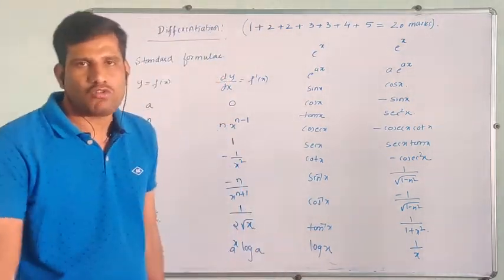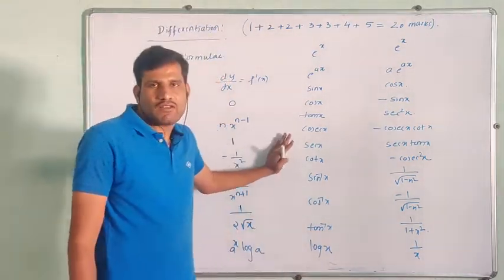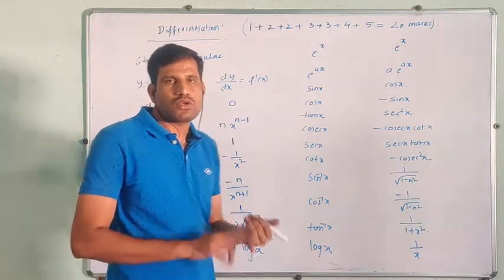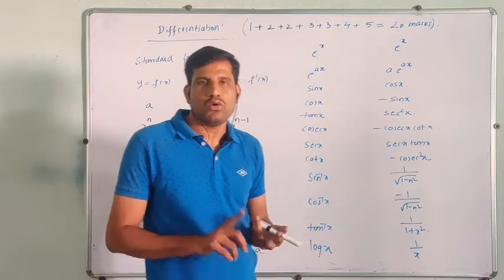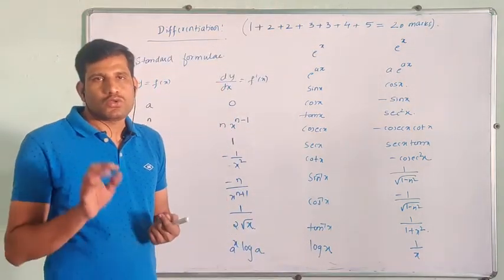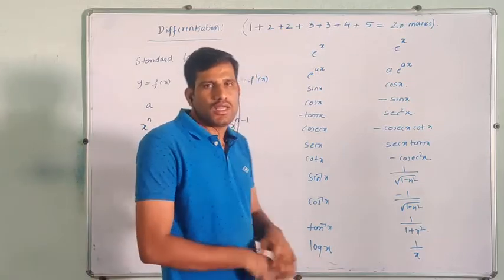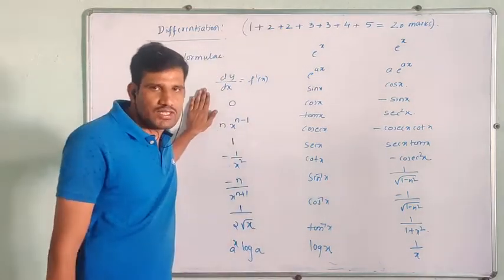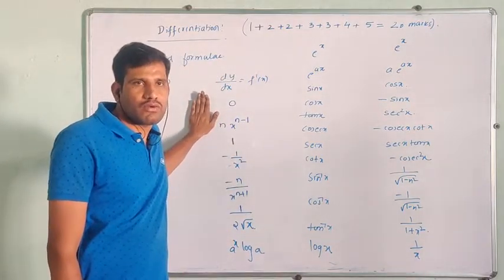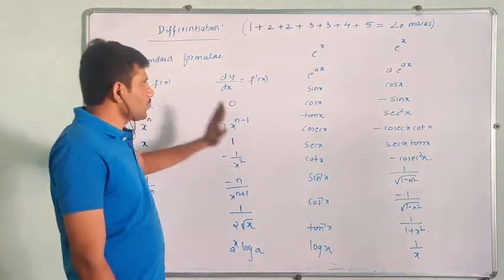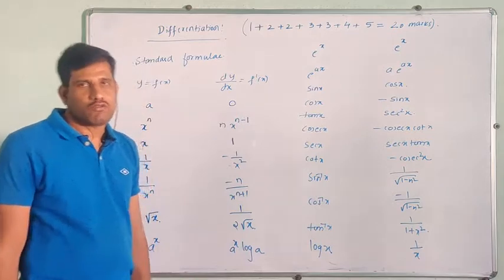So still we have some more formulae, but these are the basic formulae that everybody should remember. Later we will start rules of differentiation, that is chain rule, product rule and quotient rule. Before learning those rules, everybody should be very perfect in these formulae. So you have to read these formulae, write them 2 or 3 times. By the next class, you should be very perfect in all these formulae.